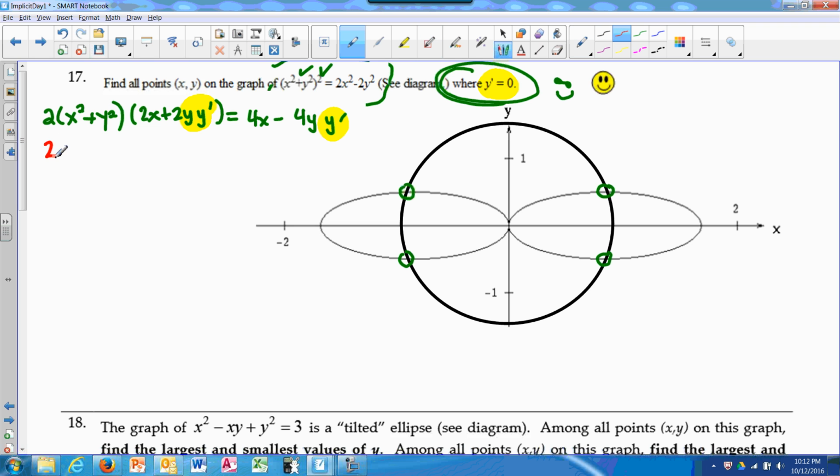So I'm going to have 2x squared plus 2y squared times 2x, and since y prime is 0, this whole part becomes 0, equals 4x. And because y prime is 0, this whole part becomes 0.